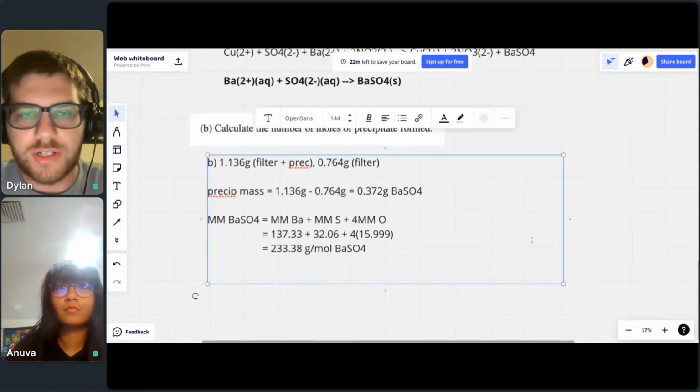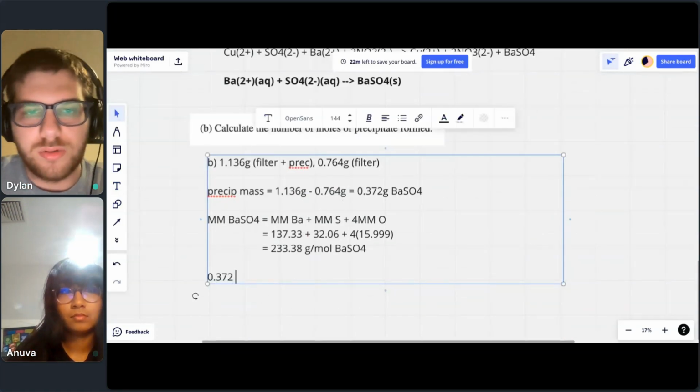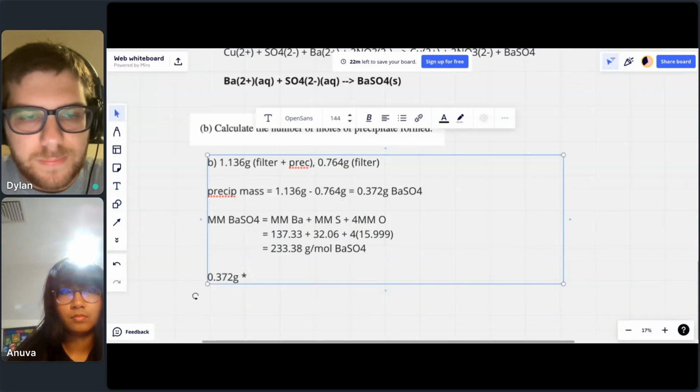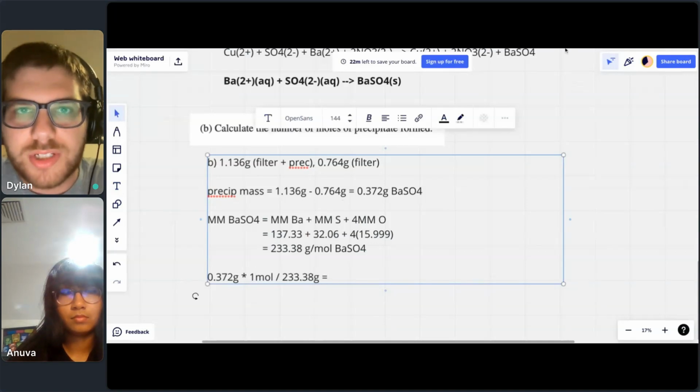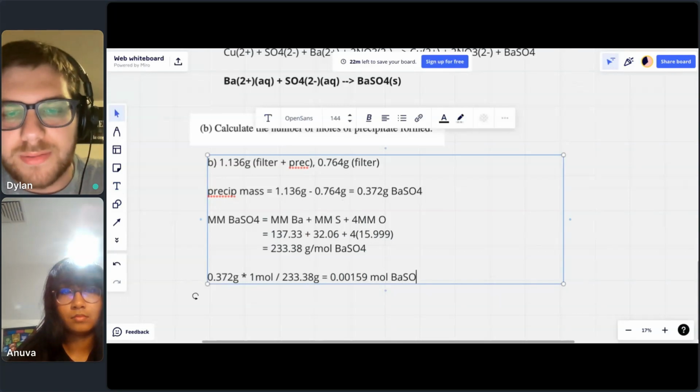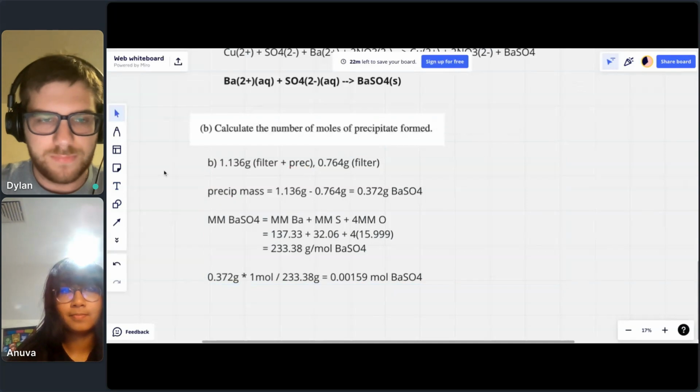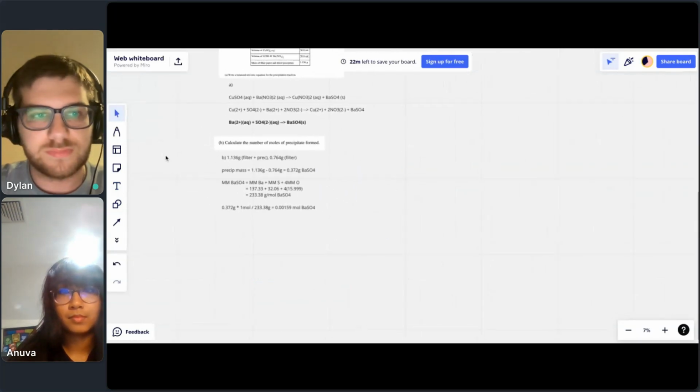Now we can do the unit conversion: 0.372 grams times 1 mole per 233.38 grams gets us 0.00159 moles of barium sulfate.